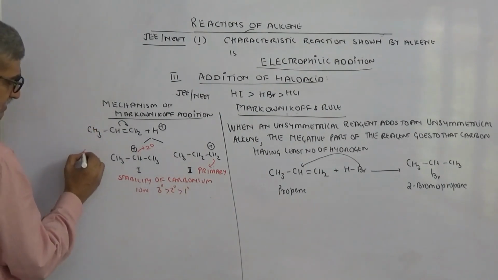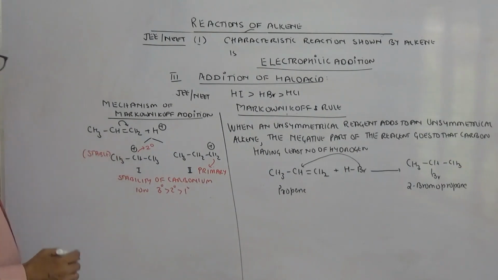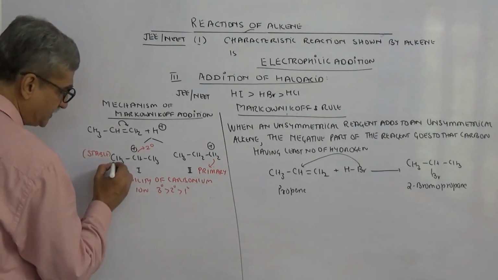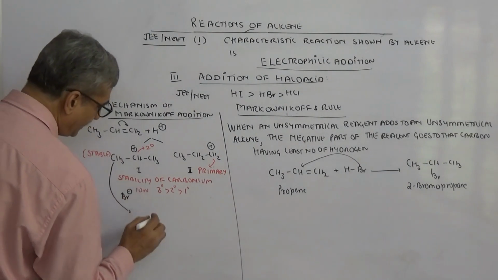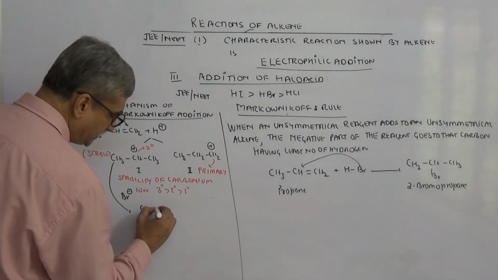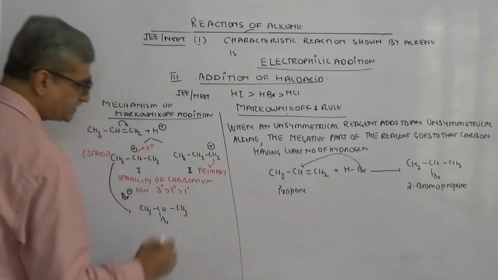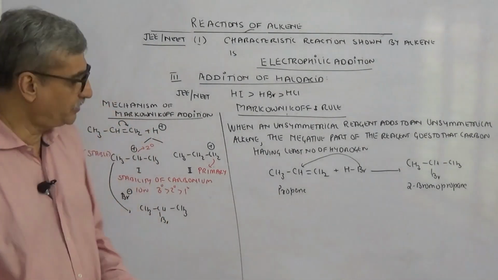So obviously the secondary is the more stable carbocation. So this is formed. Is this point clear? Now this is attacked by Br minus, and you get CH3CHBrCH3. So this is the mechanism of Markovnikov's reaction.